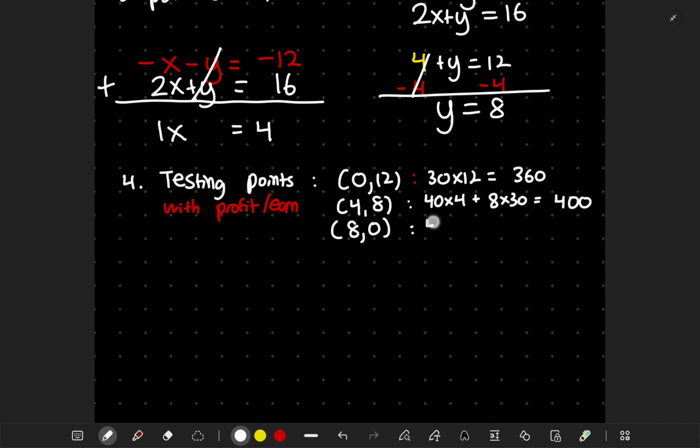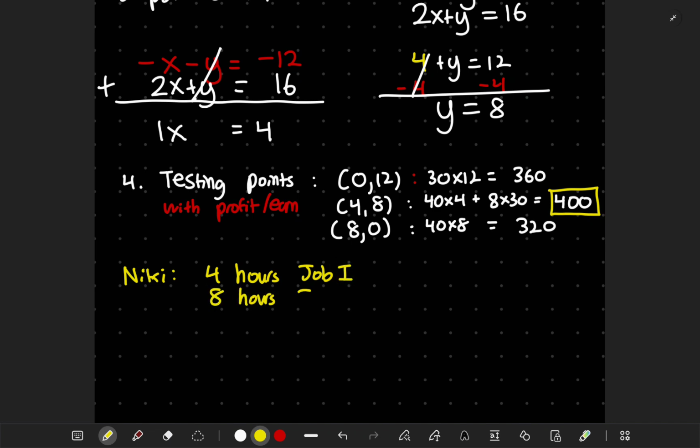While the last one, I get 40 times 8, and only that because I only work that much, and I get 320. So clearly we have one answer out of the 3. That makes sense. We have 400. And so our answer to this is that Nikki should work 4 hours at job 1 and 8 hours at job 2.